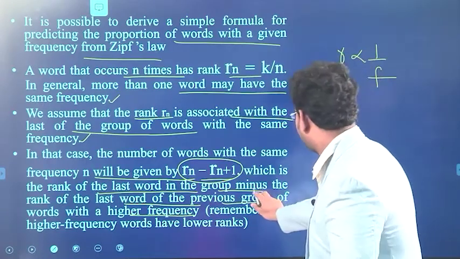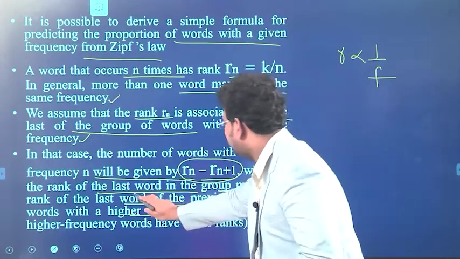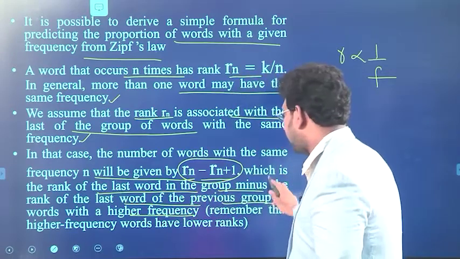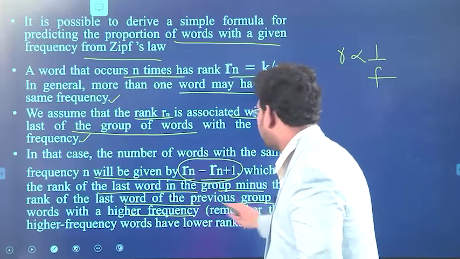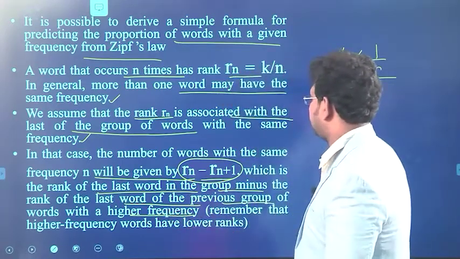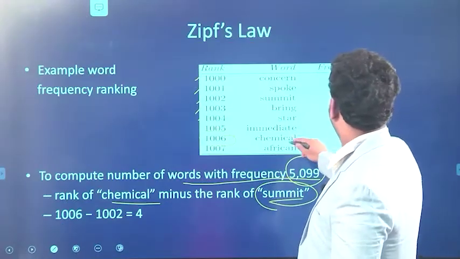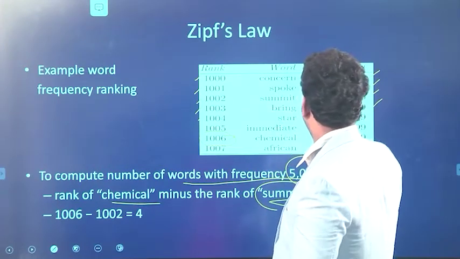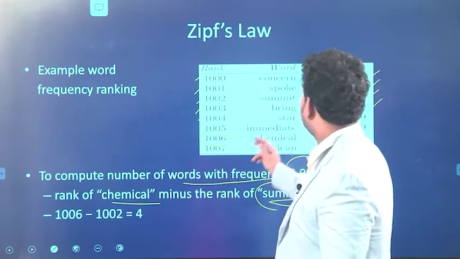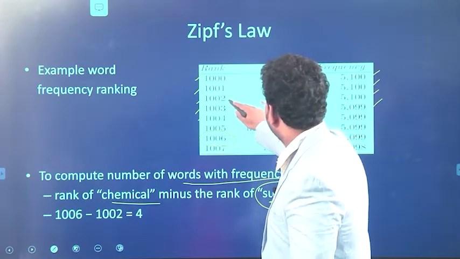So here observe, the rank of the last word in the group minus the rank of the last word of the previous group of the words with the higher frequency. The previous group of words is this one, with the higher frequency, and the associated rank is 1002.